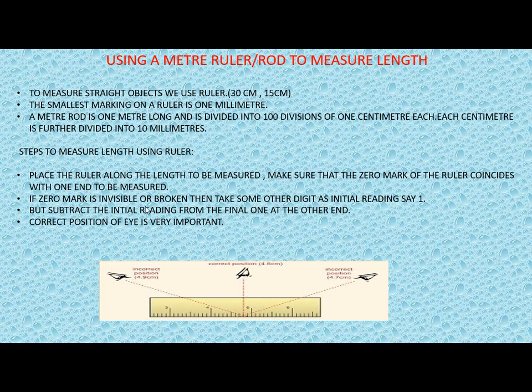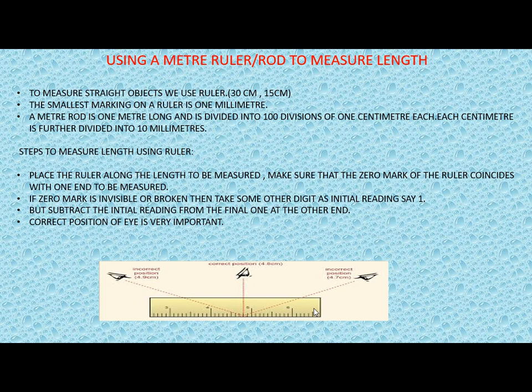Sometimes it happens that the zero mark is invisible, or your scale has got broken. In that case we can take the initial reading as any other digit. Suppose we take the initial reading as 1, and then the final reading, suppose I get 15, then we have to subtract the initial reading from the final reading.